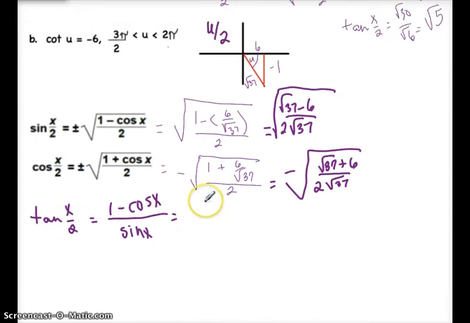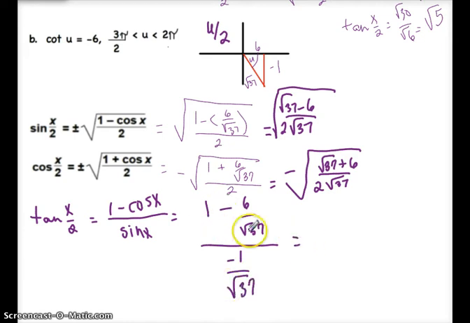So this is 1 minus the cosine of angle x, or in this case angle u, is adjacent over hypotenuse. So 6 divided by the square root of 37, divided by the sine of x, or in this case the sine of angle u, which is opposite over hypotenuse, negative 1 divided by the square root of 37.